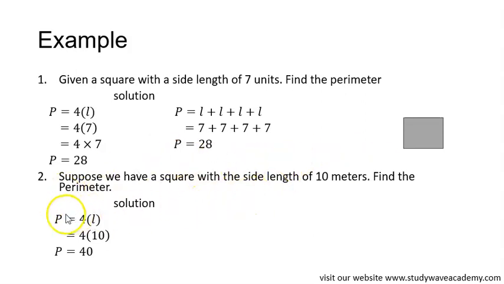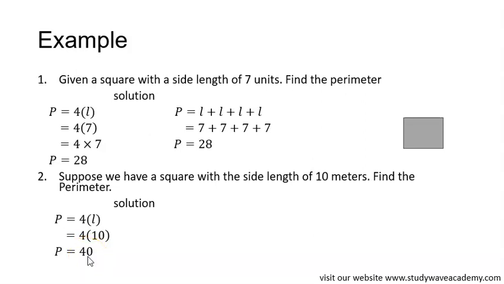So we are going to be using the formula for finding the perimeter of a square, which is 4(L). L is 10. L is the length. Don't forget, L represents length. So 4(10), which is 4 times 10, right? Remember, I explained it. To open this bracket is to multiply. So 4 times 10 is going to give us 40.